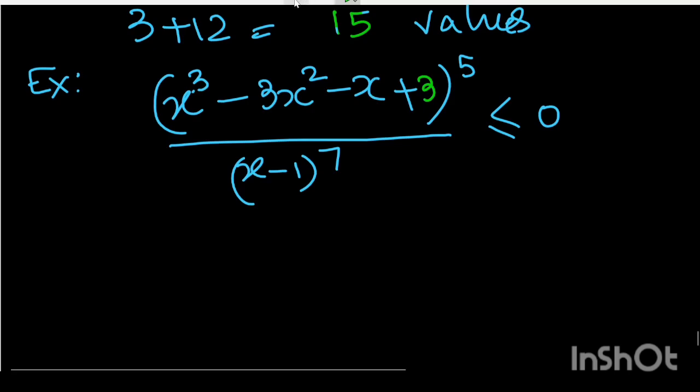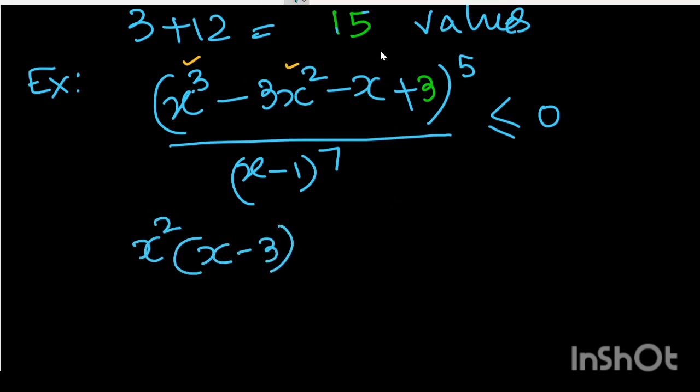As of now, if you simply take x square common from the first term, you will get x square into (x minus 3), and taking minus 1 common from minus x and plus 3, you will get (x minus 3).